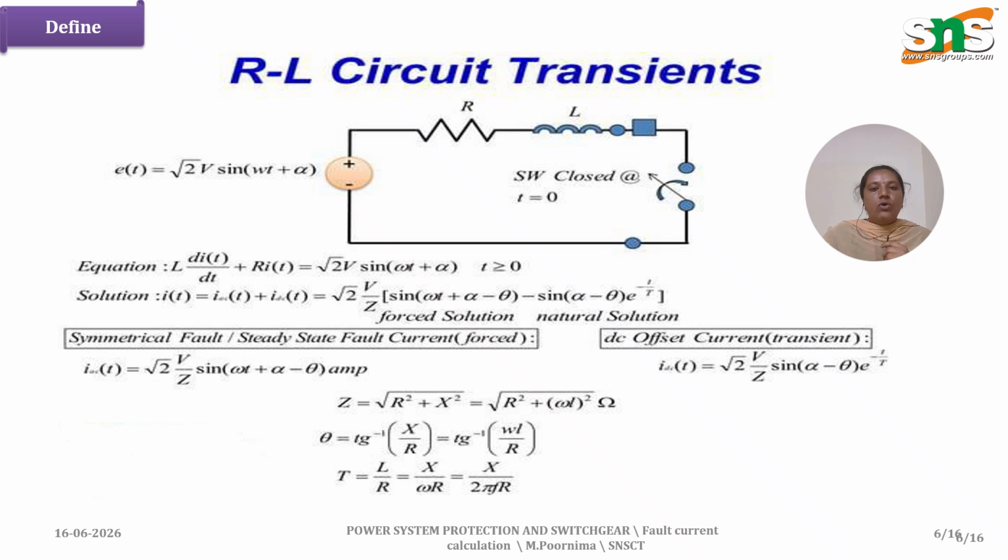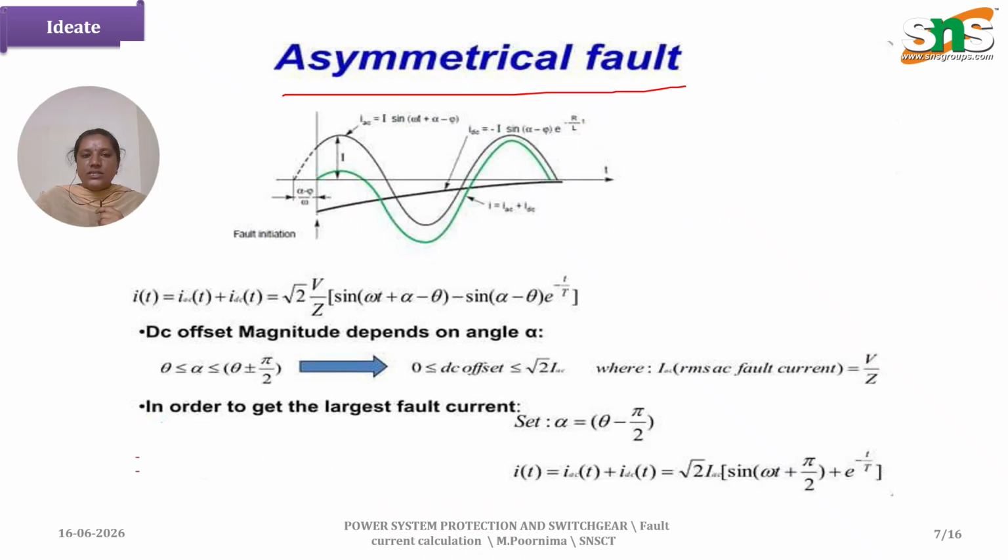Now coming to RLC transient circuits, we have a power supply, a resistor, an inductor, and a switch. We already know the transient equations for the symmetrical fault. Finally, we find the impedance Z, and the value of the transient analysis. Coming to asymmetrical faults, this is one analysis. The current has a DC offset whose magnitude depends upon the angle alpha.